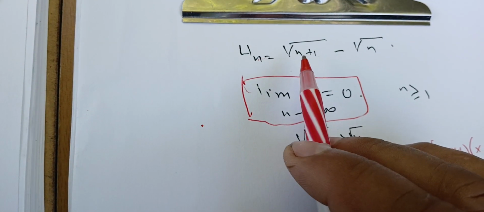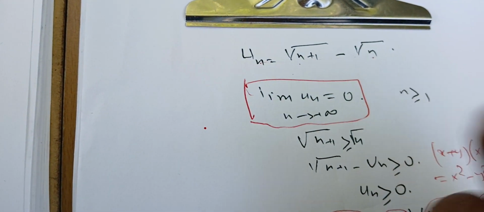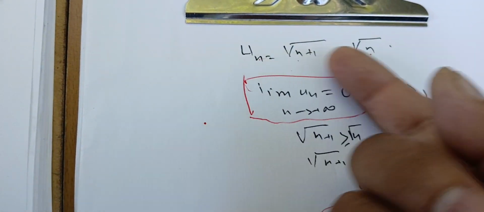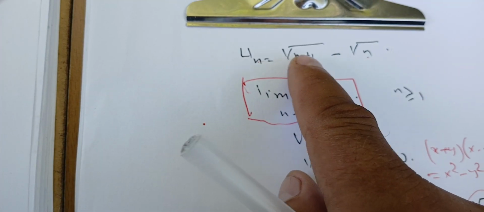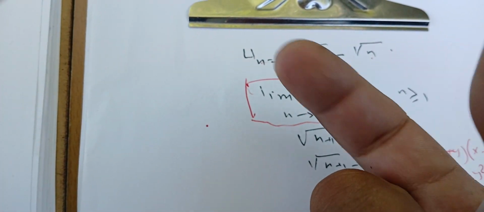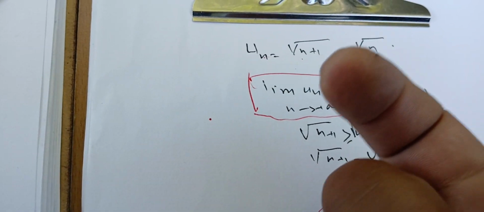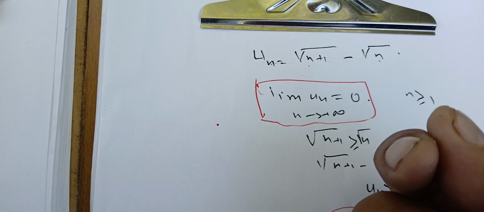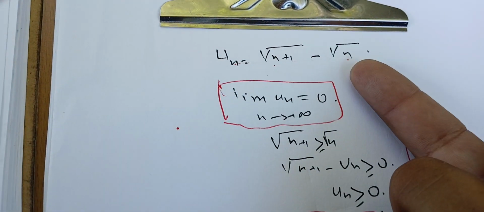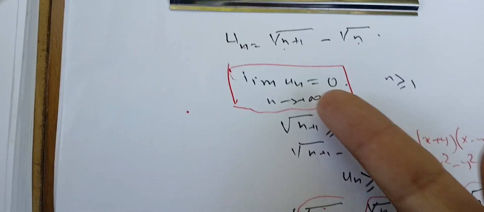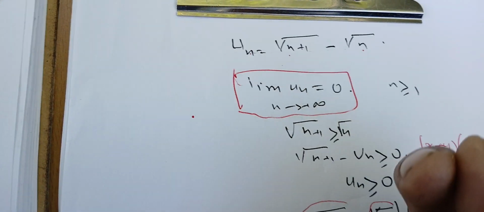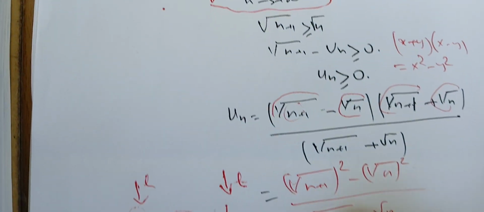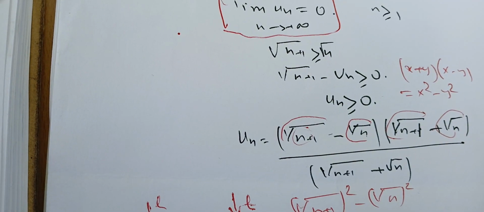When n gets bigger and you take the square root, these two guys get close because they are only different by 1, so their difference goes to 0 as n goes to infinity. This is the logical sense of it, and this is a proof using the squeeze theorem.